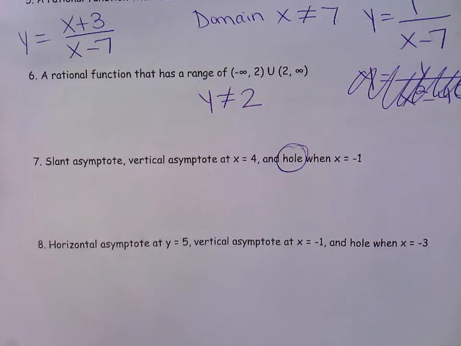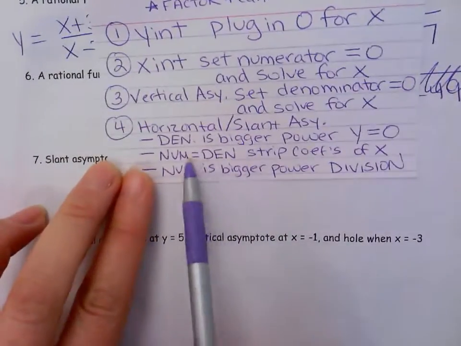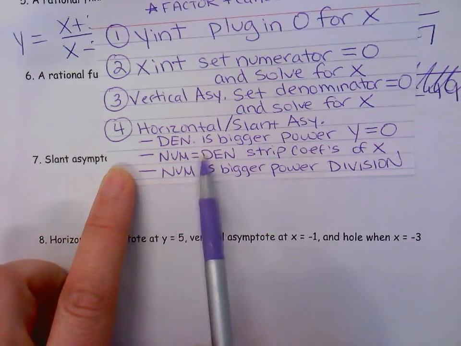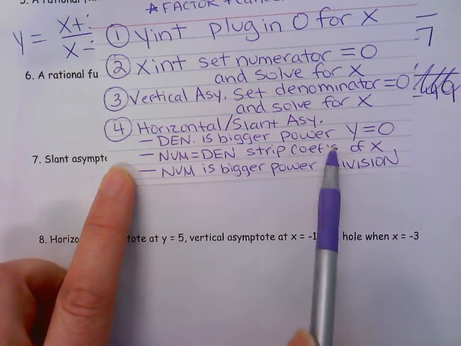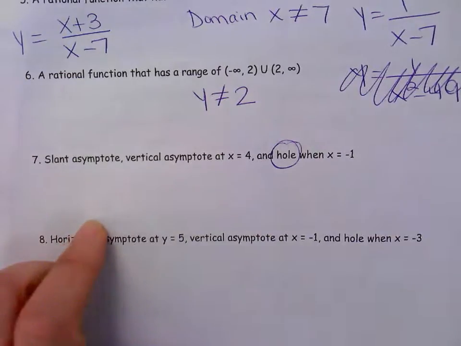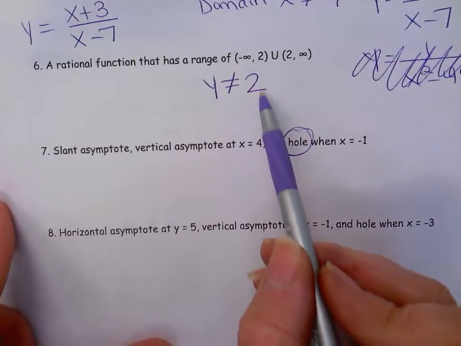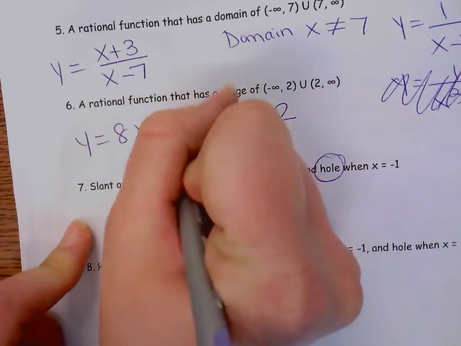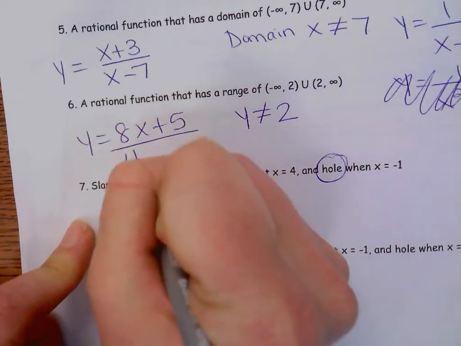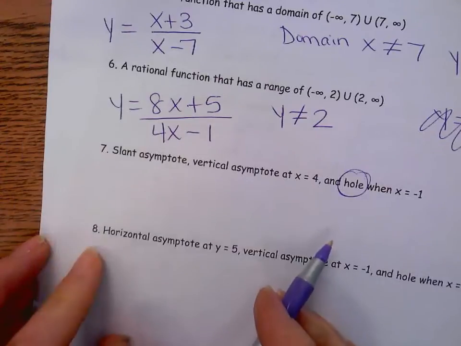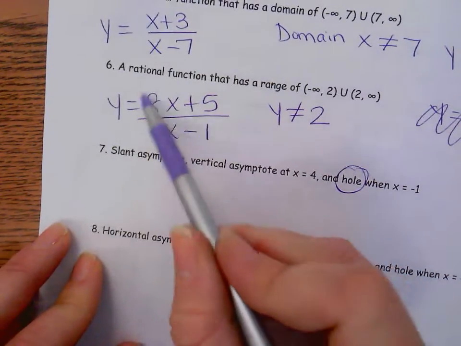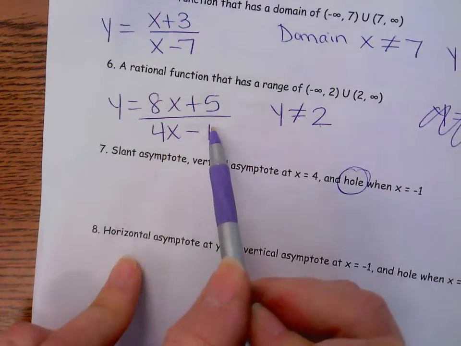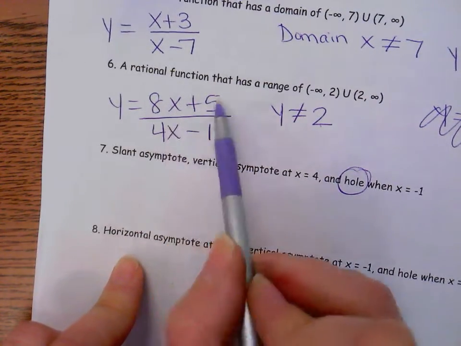That's going to happen when I strip the coefficients of x. The numerator and denominator are going to be equal in power, and I'm going to strip the coefficients of x. So make up anything that, when you strip it, you get 2. You could do y equals 8x plus 5 over 4x minus 1. When I strip the 8 over 4, I get 2. They both would have to be linear functions, or they both would have to be quadratic functions.